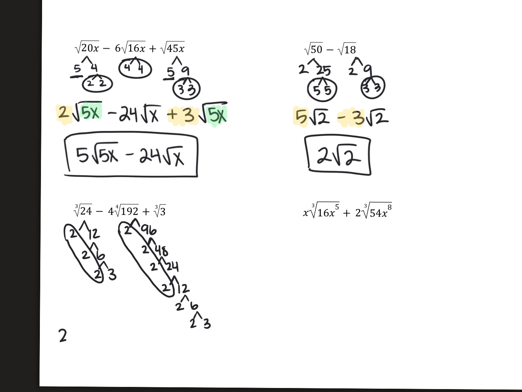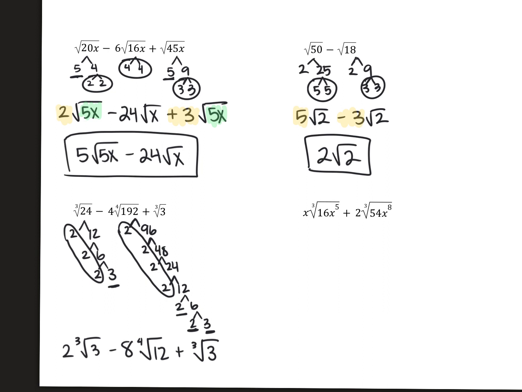So I'll have 2 cube root 3 minus, that 1, 2 I can bring outside is going to multiply by my 4 to give me 8. So minus 8 fourth root. Now I have a 2 and a 3 left over, which are going to multiply to give me 12, plus the cube root of 3.